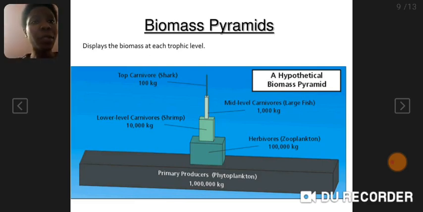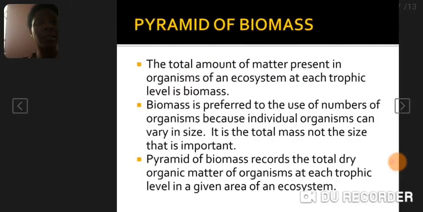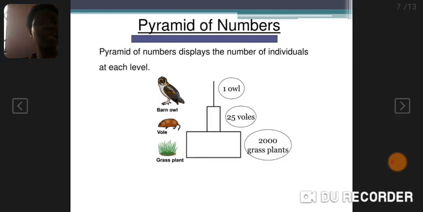Let's go back first to the pyramid of numbers again. Now you discover that the quantity is reducing, right? From the grass plants, we're having 2,000 grass plants. As it goes up, it's reducing. So that's why we say, take note, that the number of organisms decreases while ascending the pyramid of numbers along the food chain.